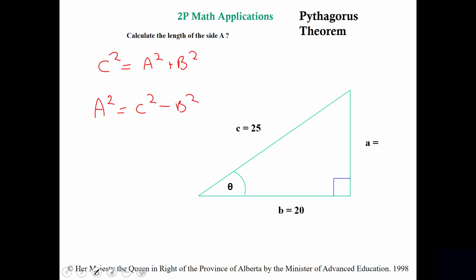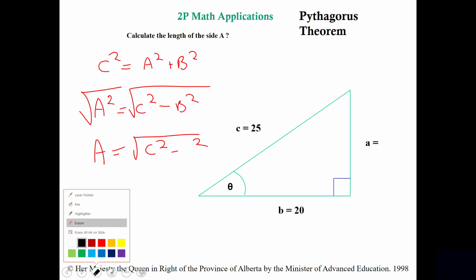So we'll just subtract that, and then to get rid of the square, we just square root both sides. We're left with A is equal to the square root of C squared minus B squared. We'll fill in the values.